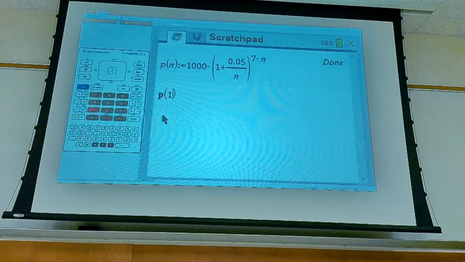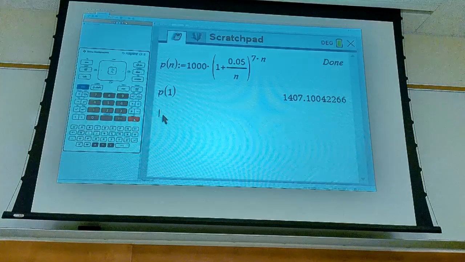What was n? 1. P of 1 is $1,407.10. This prevents me from having to rewrite the same thing for each different value of n.